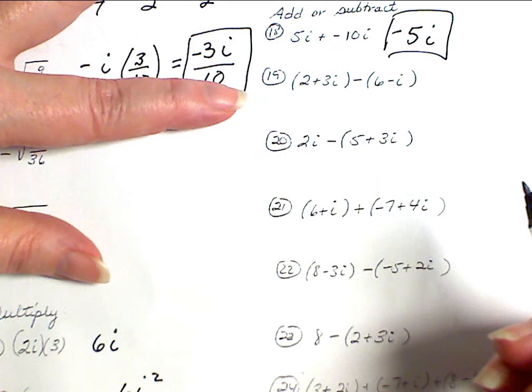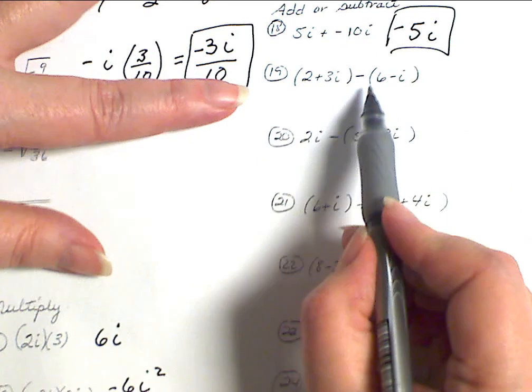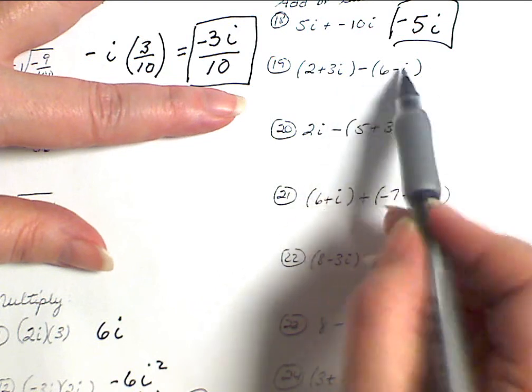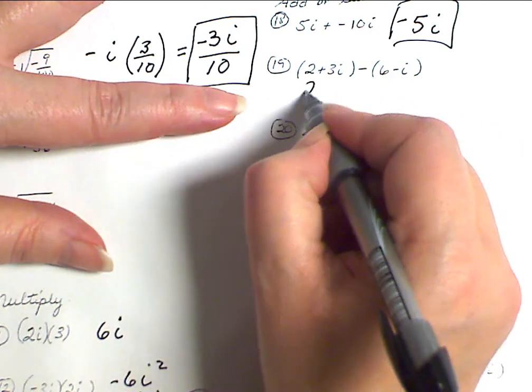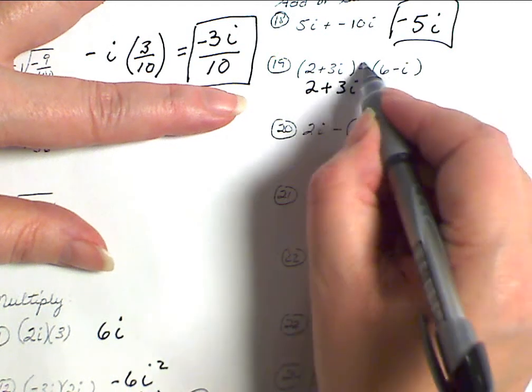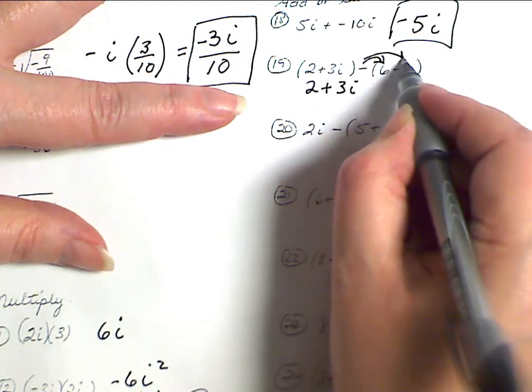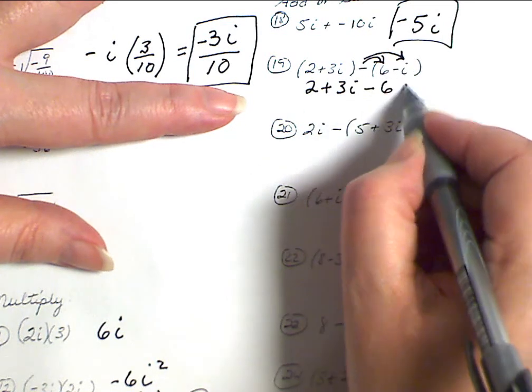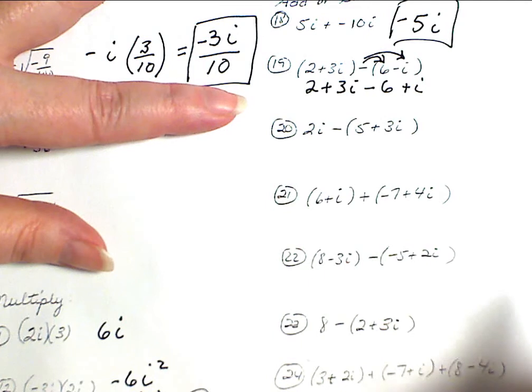When you have this, distribute your negative first. So we have 2 plus 3i, and the negative goes to each one of these. So you have negative 6, negative negative is a positive i. Combine like terms.